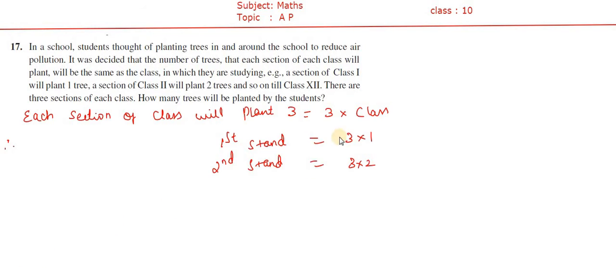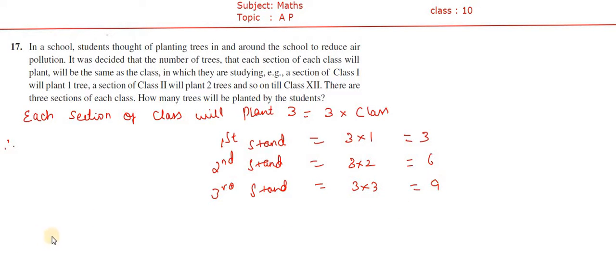Here each section of the class will plant 3 into that particular class number. For first standard, 3 plants into 1, that is totally 3. Second standard, 3 into 2, that is 6. And third standard, how many will they plant? So 3 into 3, which is equal to 9.